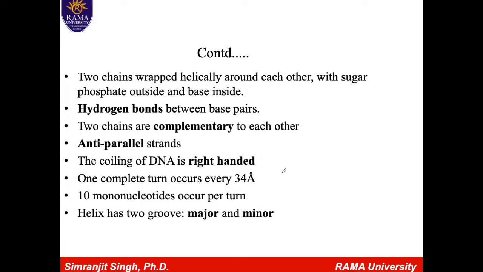Further, in the same Watson and Crick model, two chains wrap helically around each other with sugar phosphate outside and bases inside. We have discussed in the first chapter that outside are your sugar and phosphate groups, which are attached to each other, and inside are the nitrogenous bases.